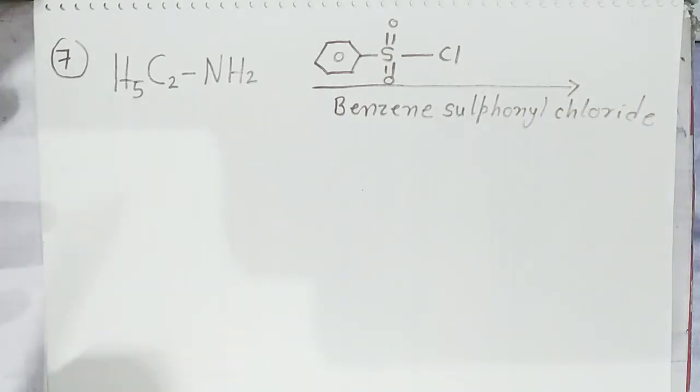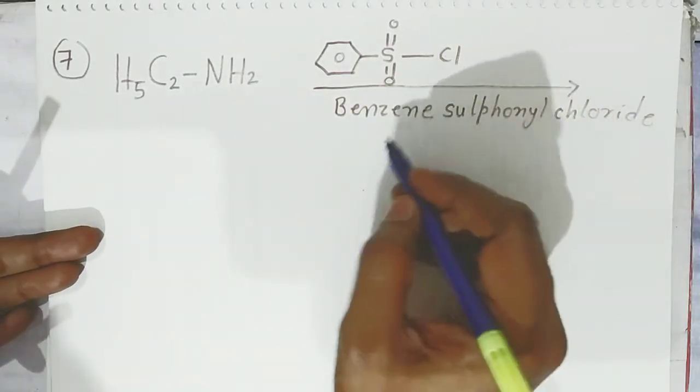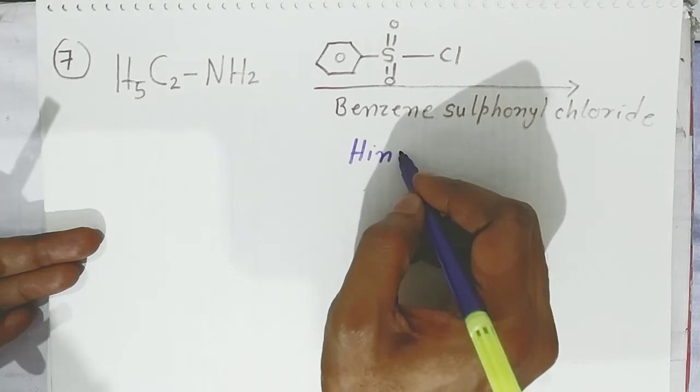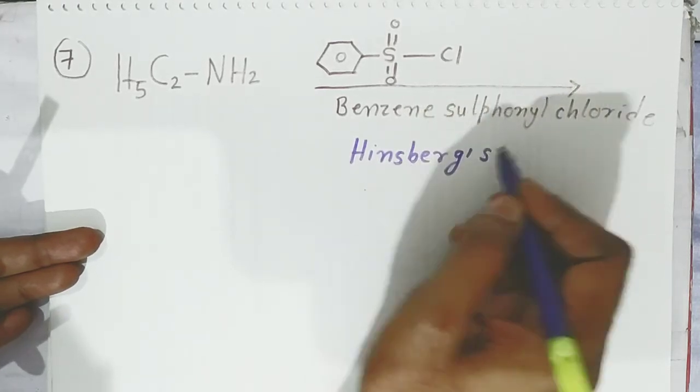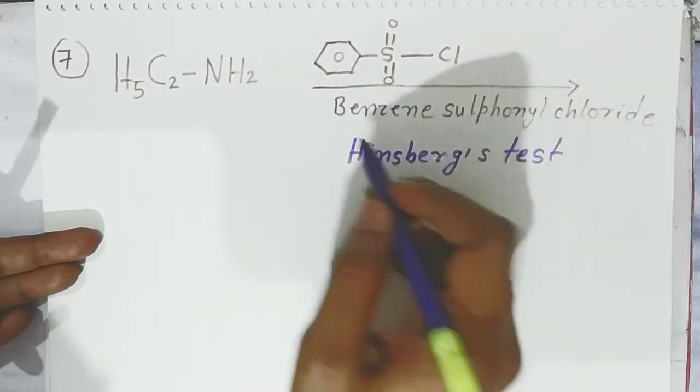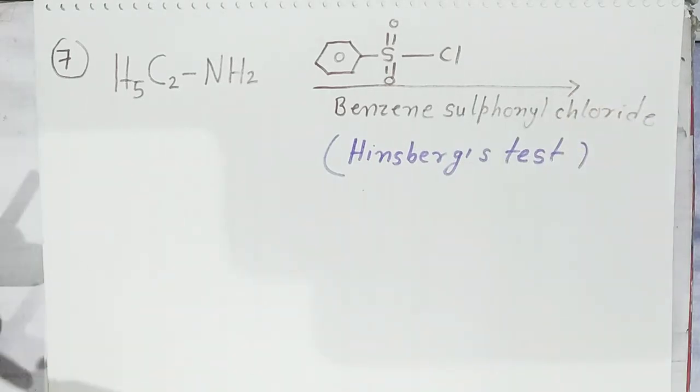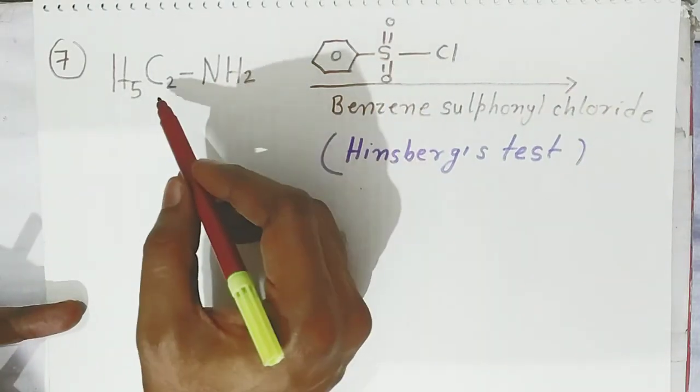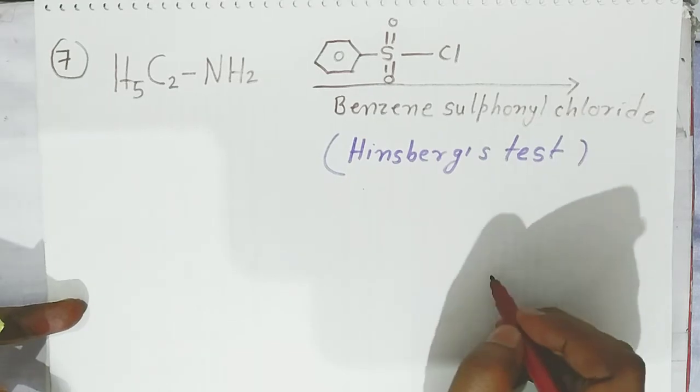This is also called Hinsberg's test. This was discovered by the scientist Hinsberg, so the test is also called the Hinsberg test. Now what happens, friends? The hydrogen of the ethylamine combines with chloride and forms HCl.